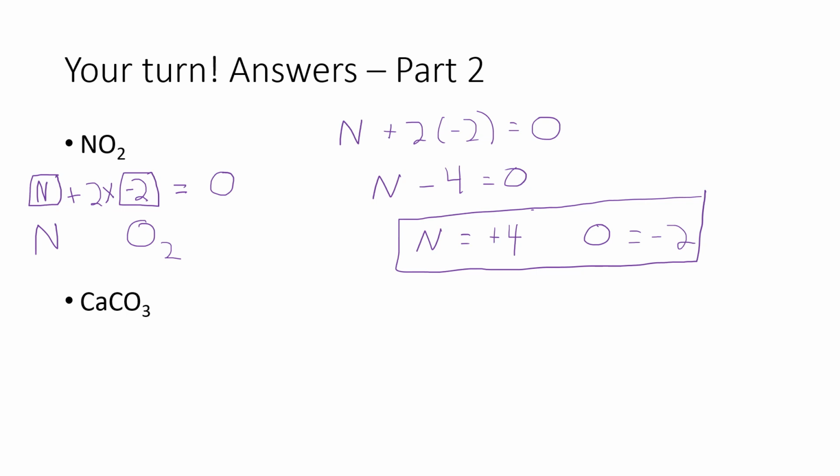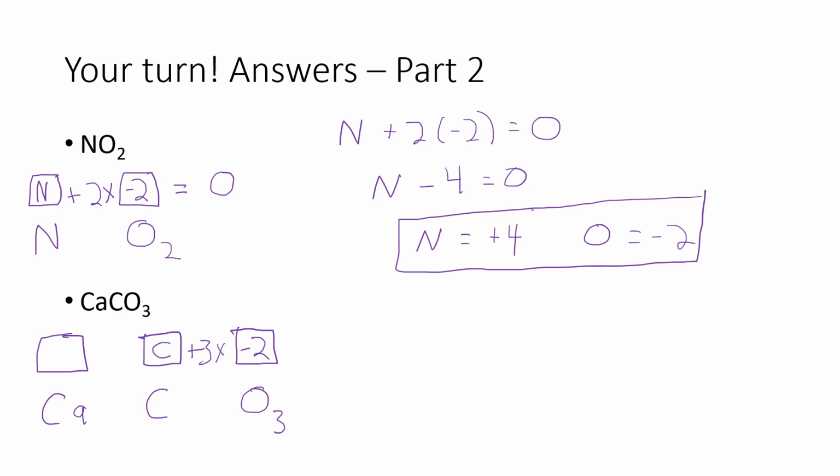Then we've got calcium carbonate. Calcium and carbon and oxygen with a subscript of 3. So above calcium, I'm going to put a box. Carbon, we'll put a box, and oxygen, we'll put a box. Oxygen has minus 2 by rule, and we have 3 of them, so we'll have to multiply by 3.